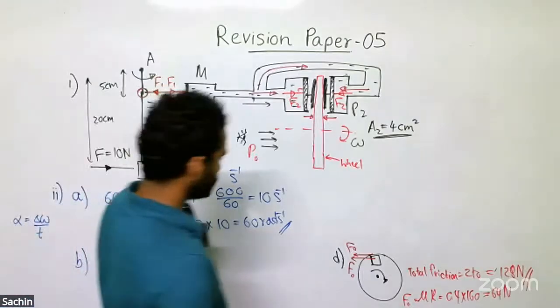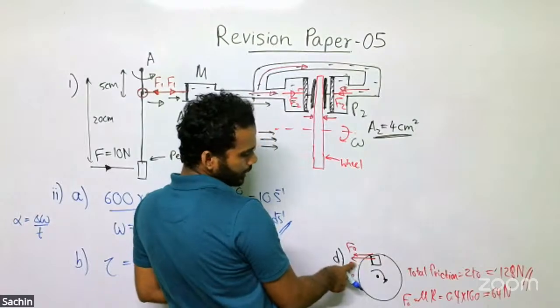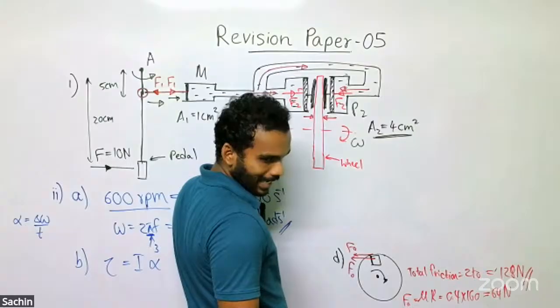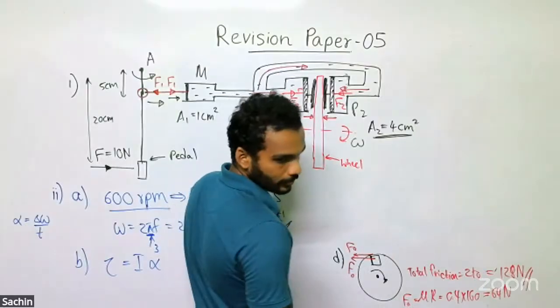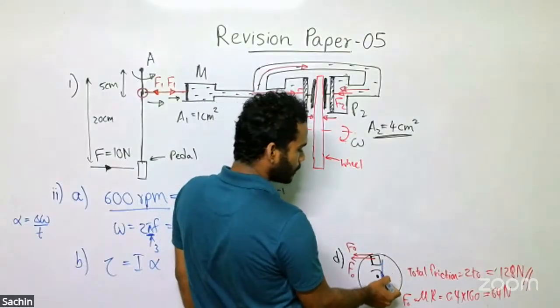In the first part, I have drawn how these friction forces are there. Obviously, this angular deceleration is because of these friction forces. Because of these friction forces, there will be some external torque developed.